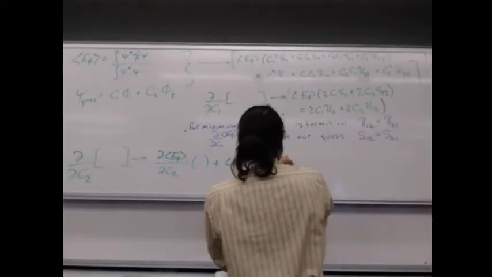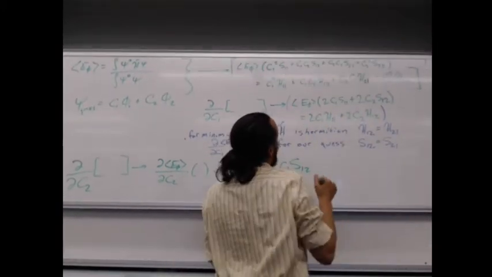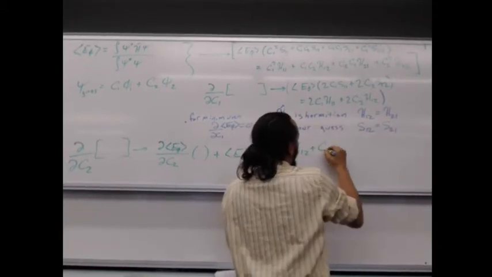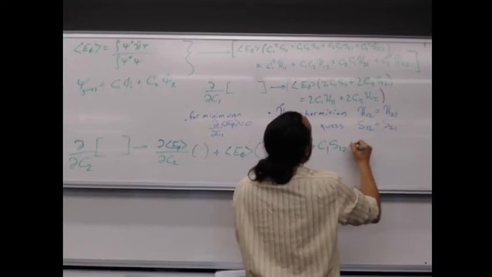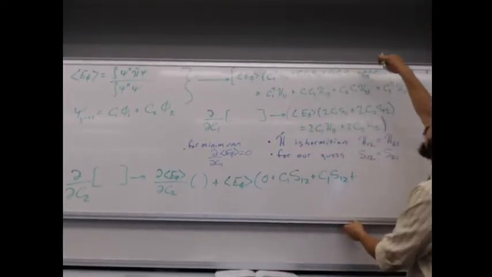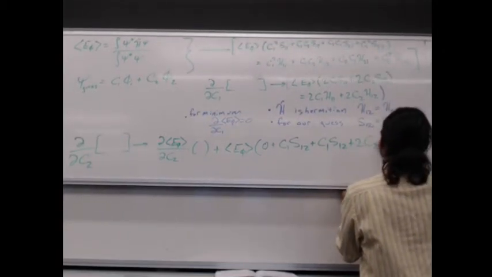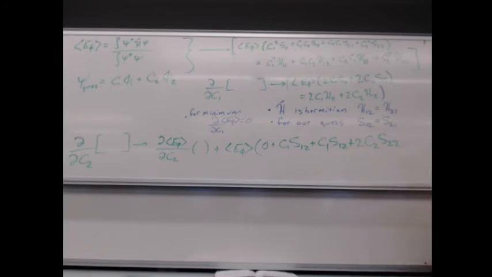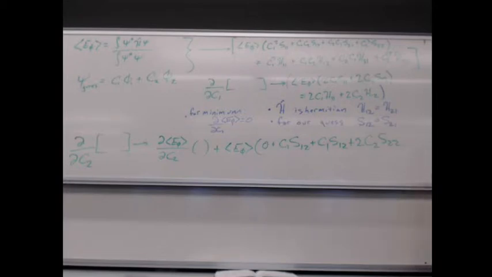Second term is going to be a C1, S12. Last term is going to be a 2, C2, S22. And we can already see how this is going to have some parallels to the other case. I'm going to have 2C1, I'm going to have 2C2. I'm going to have S11, I'm going to have S22.